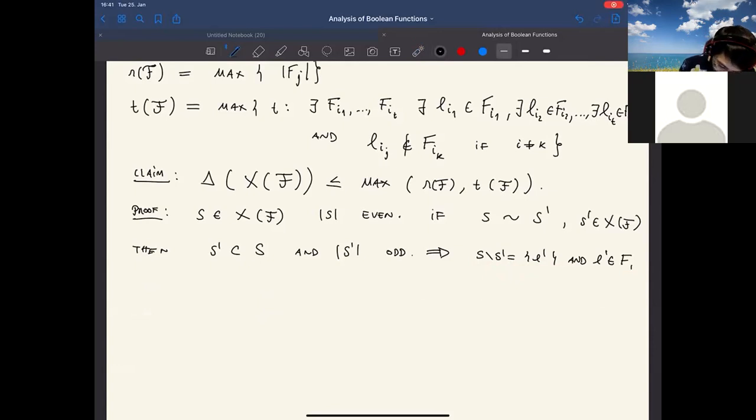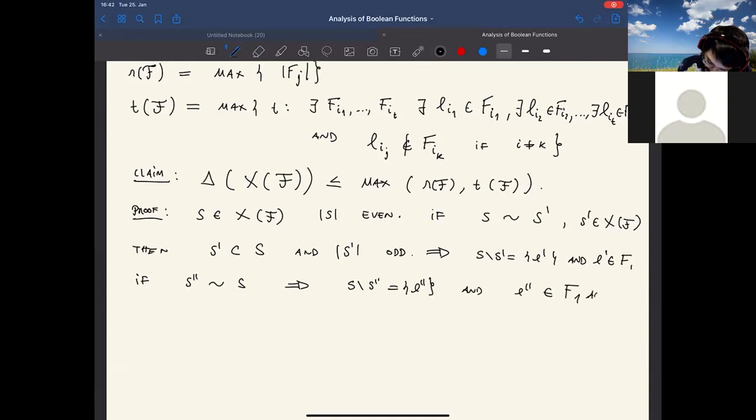If we have some other set S2 prime, then you must have the same condition that we derived before, and L2 prime must belong to the same F1.